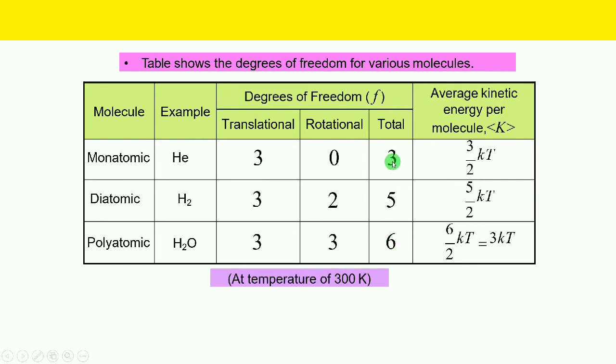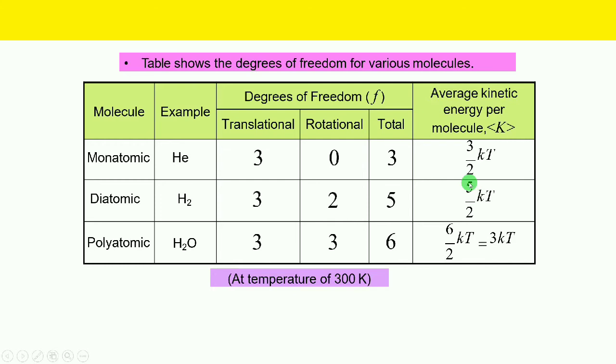Okay. According to this degree of freedom, we can define the average kinetic energy per molecule of gas. The average kinetic energy per molecule of monoatomic gas we can write as 3/2 kT. The 3 here is nothing but the degree of freedom. Similarly, for diatomic gas, the average kinetic energy per molecule has this number as the degree of freedom, so 5/2 kT.